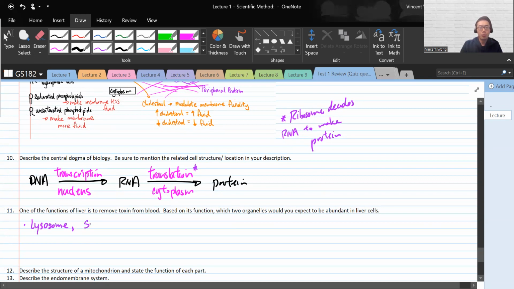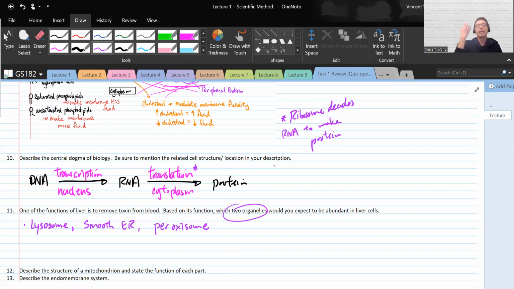Smooth ER also plays a role in detoxification. And then there's the peroxisome. I know it only said list two. Now there is more to this question. This is just an example of one way I could ask you this.